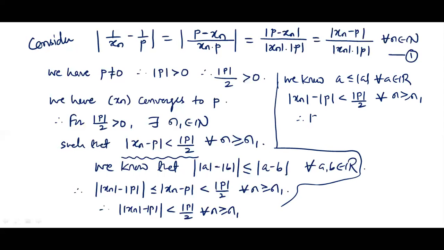And therefore, we can write mod of xn is less than, adding mod of p on both sides, we get 3 into mod p by 2 for n greater equal n1. Since xn non-zero, so mod of xn greater than 0, p is non-zero, mod p greater than 0, means both sides are positive.